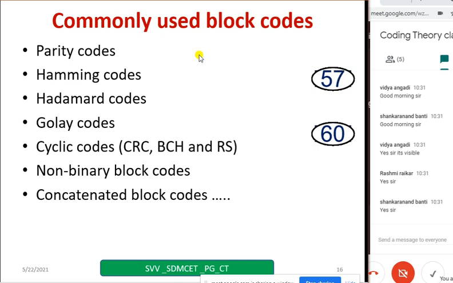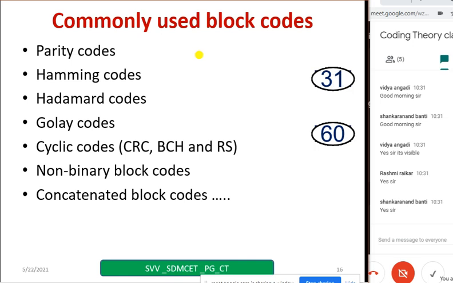You can note down: parity codes, Hamming codes, Hadamard codes, Golay code, cyclic codes.